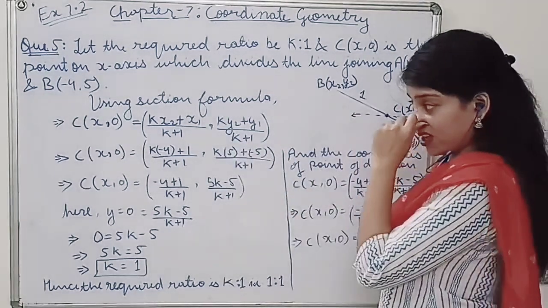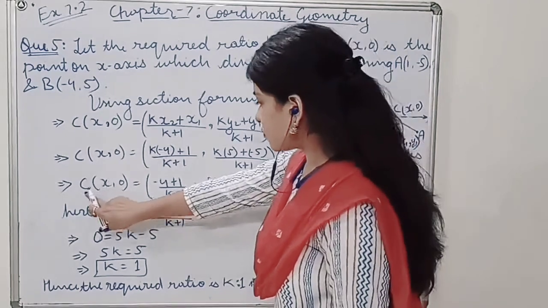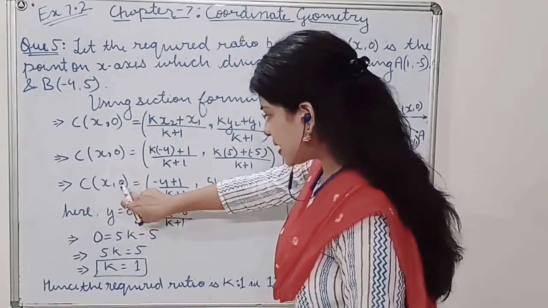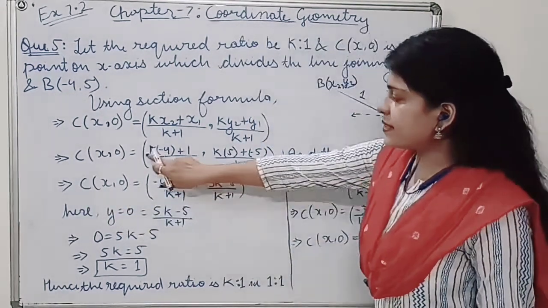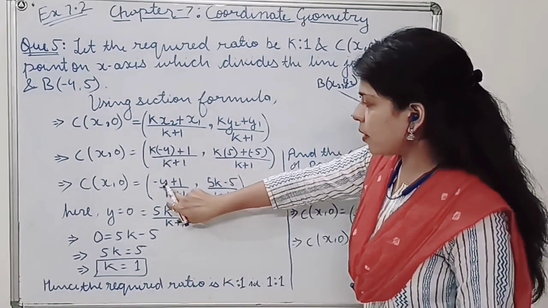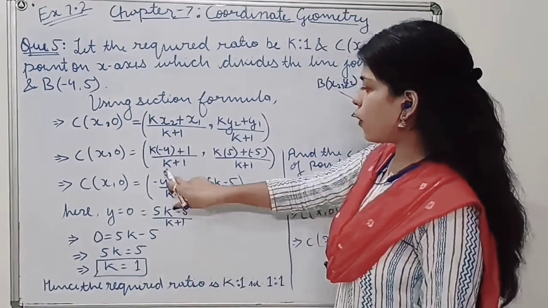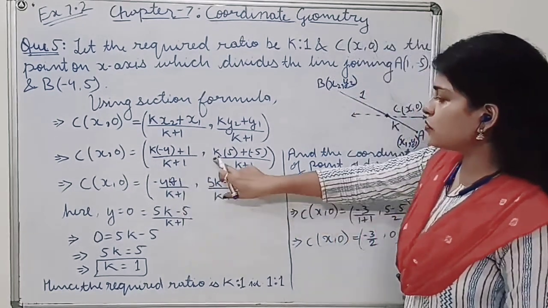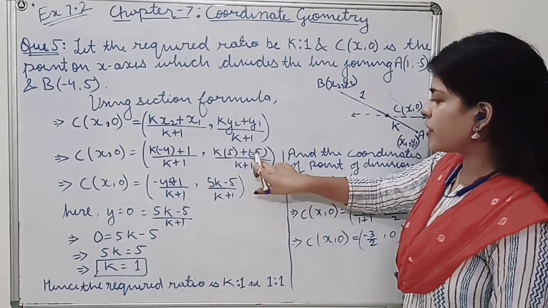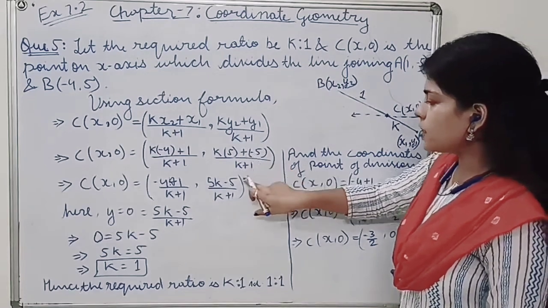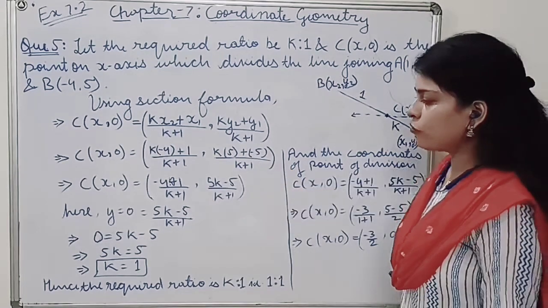So the coordinates of point C are: x0 equals minus 4k plus 1 upon k plus 1, and y equals 5k minus 5 upon k plus 1.